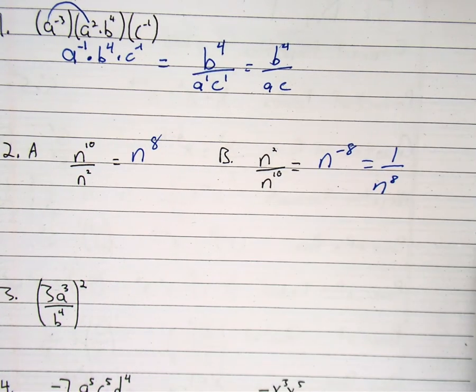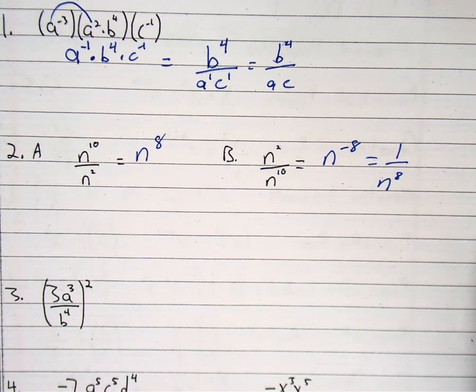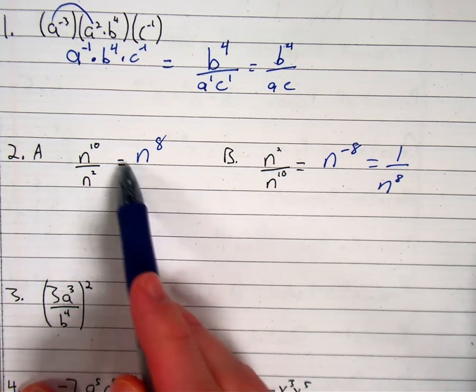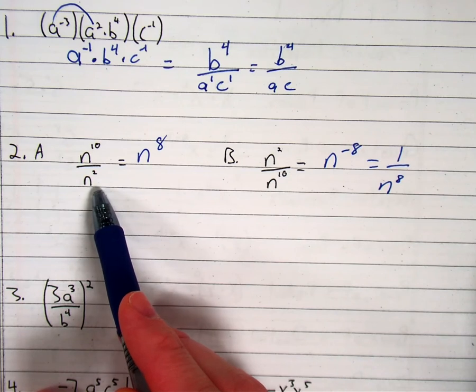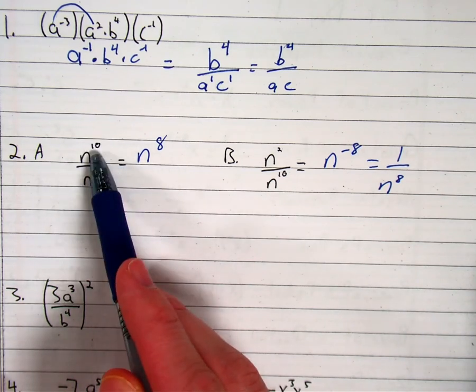Now another little trick that I do that can save you this one little half step in the middle is I do the biggest power minus the little power, and the answer goes on the same side of the fraction bar that the big power was. So over here, I would have done 10 minus 2 is 8. So it's going to be n to the 8th on the top because that's where the biggest one was.